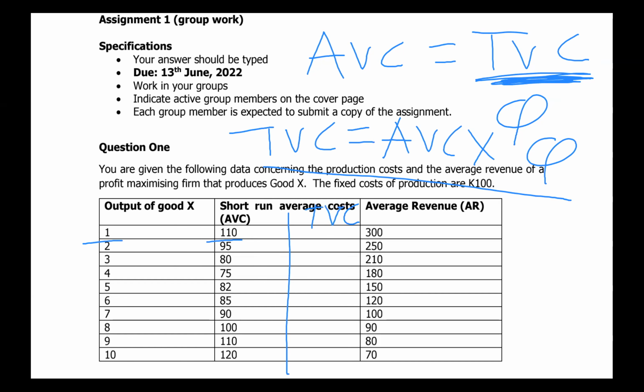Output 1 times 110, that should give us 110, isn't it? 110. 2 times 95.